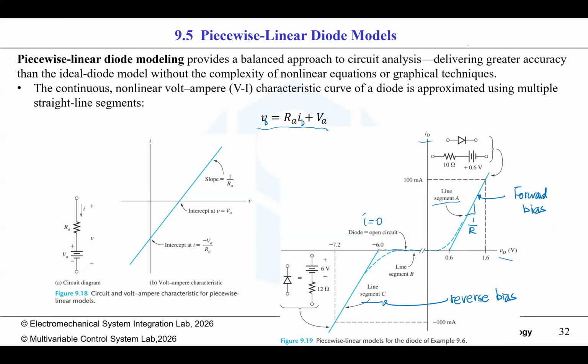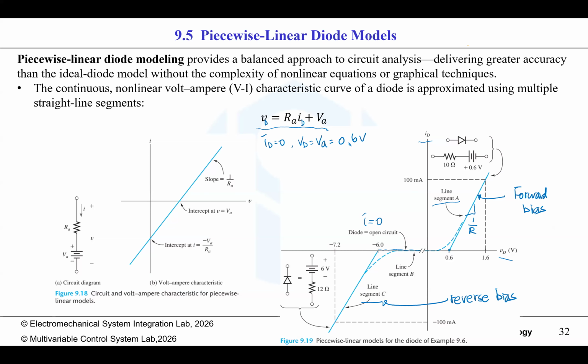When ID is 0, VD equals VA. What is it? The intersection here is 0.6 volt.